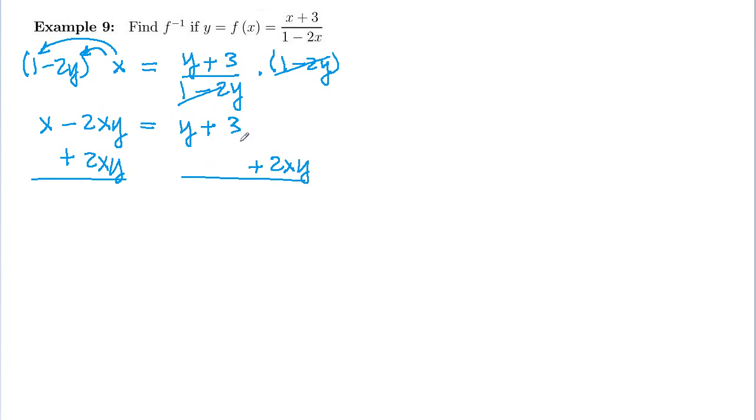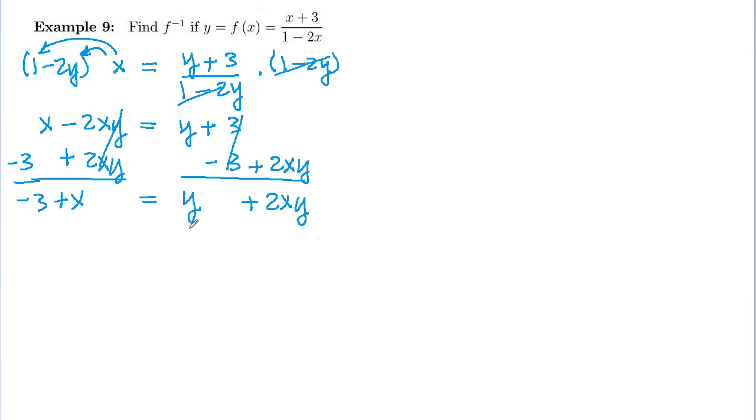So y terms on the right and everything else on the left. So let's subtract 3 on both sides. So on the left-hand side, these guys cancel. On the right-hand side, these cancel. So we're left with, on the left, we've got negative 3 and positive x. On the right-hand side, we've got a positive y and a positive 2xy.